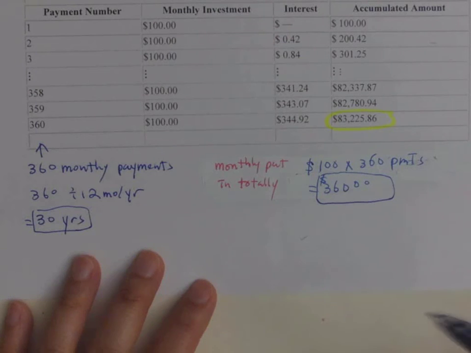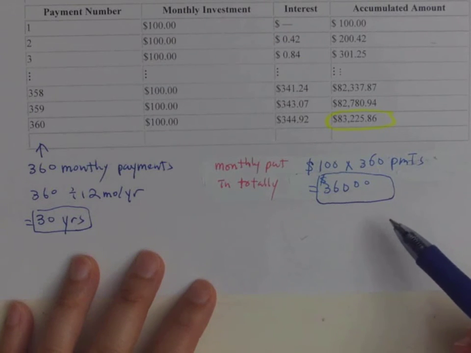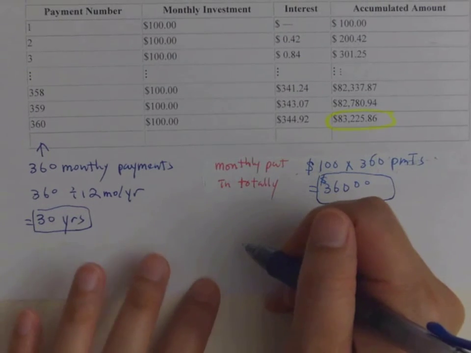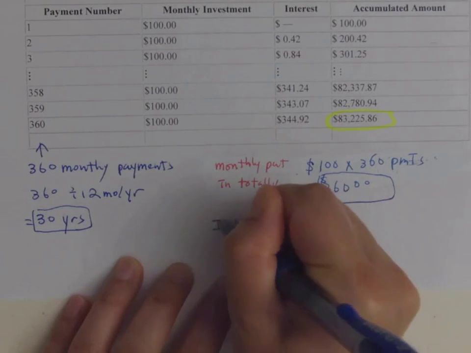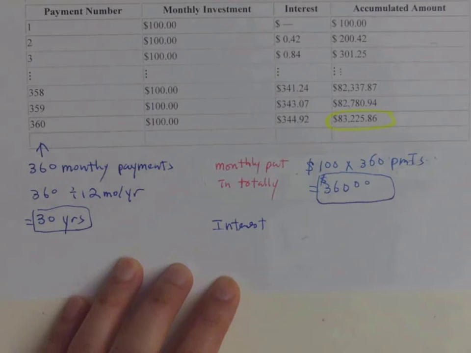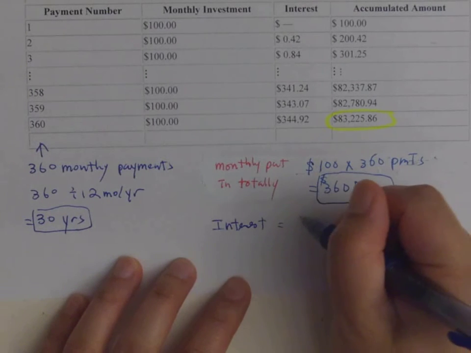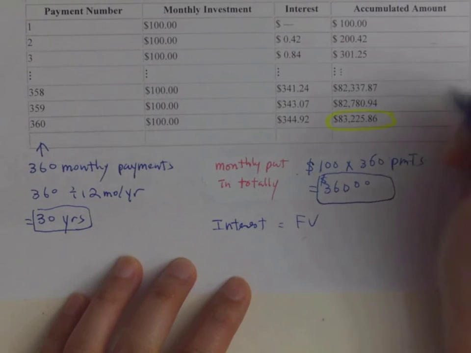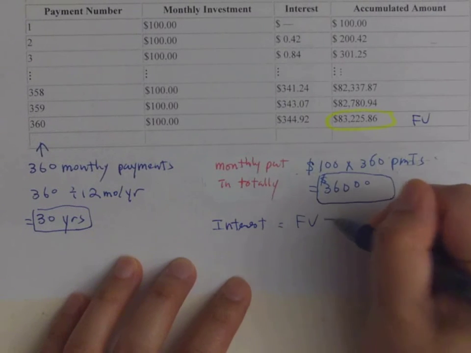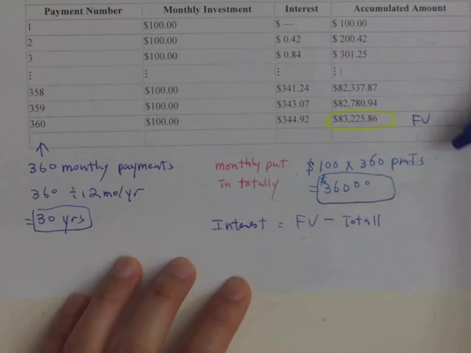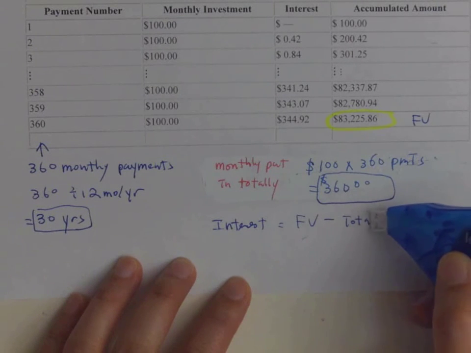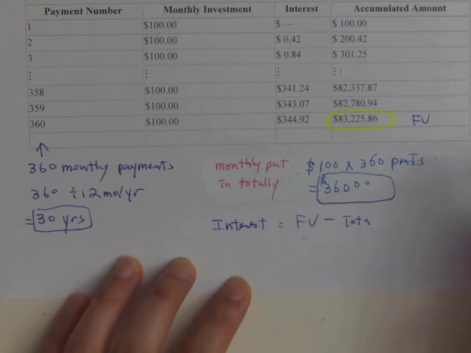So let's see, if $36,000 is what you put in, how do we find the interest? Because I don't have this whole table, I cannot just add them up, right? So the interest is going to be the future value, so this is your future value, subtracting the total payment. Total payment.